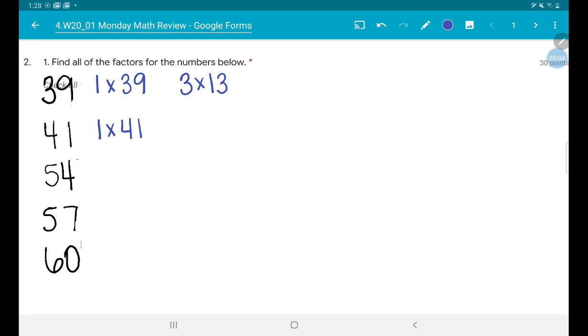All right, 54. What do I start with, Jaden? 1. 1 times what? 54. 1 times 54. So I know that 1 is a factor, and I can go over to 54. That's going to also be a factor. Is 2 going to be a factor, Zyla? Yes, it's an even number, so 2 is going to be a factor.